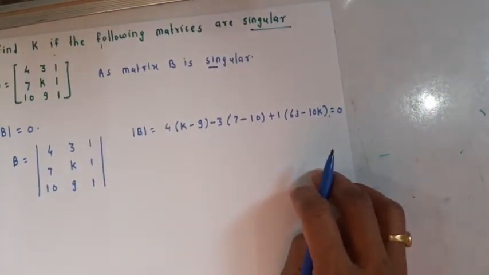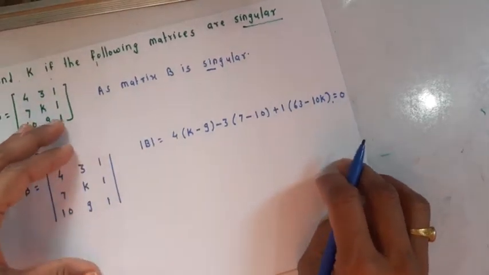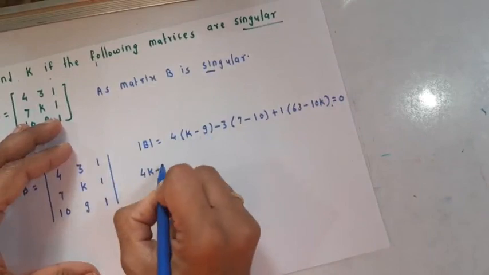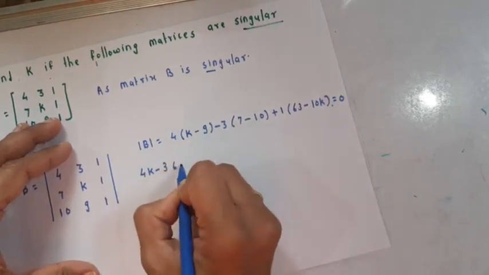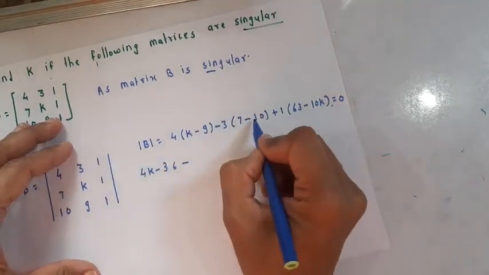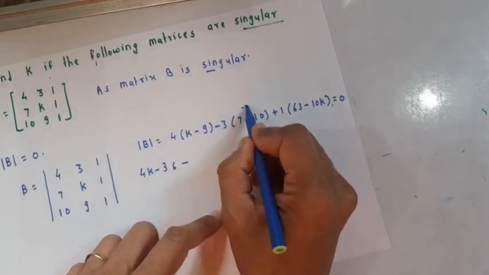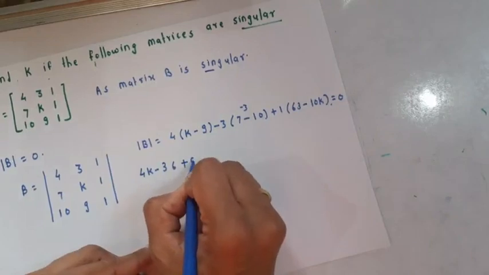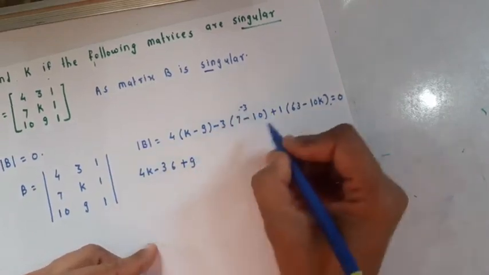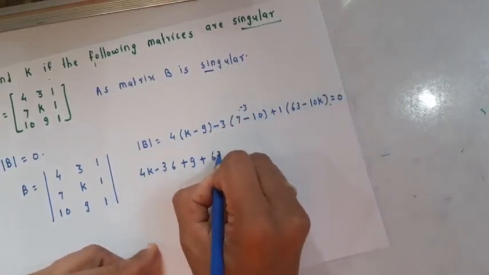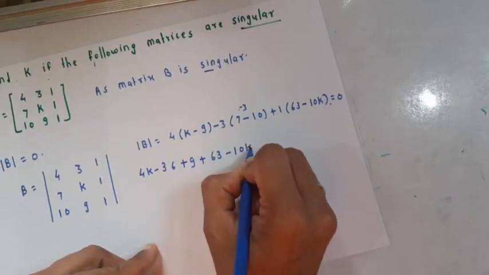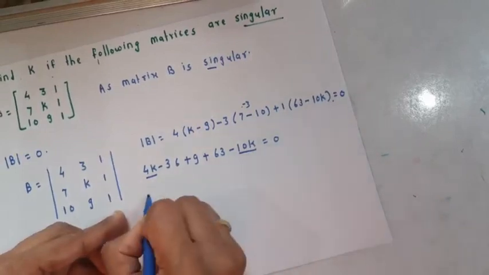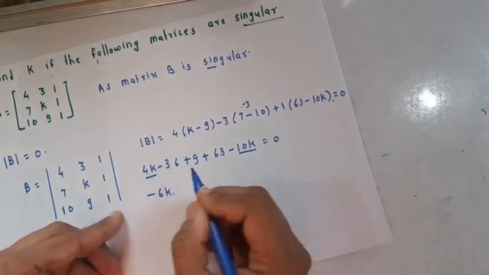So 4 into K is 4K, minus 36, solve the bracket, minus 7 minus 3 is minus 3, that is minus plus 9, and plus 63 minus 10K equal to 0. So 4K minus 10K is minus 6K.